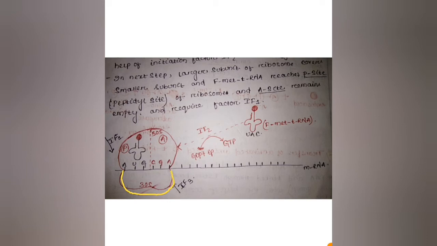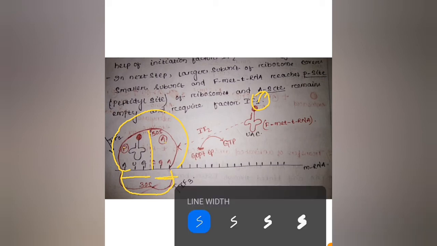Here the 30S is the smaller subunit, and 50S is the larger subunit. Here tRNA is present with the first amino acid. See here, this is the groove, and AUG is one codon present. In another portion there is another codon. This is the P site and this is the A site.